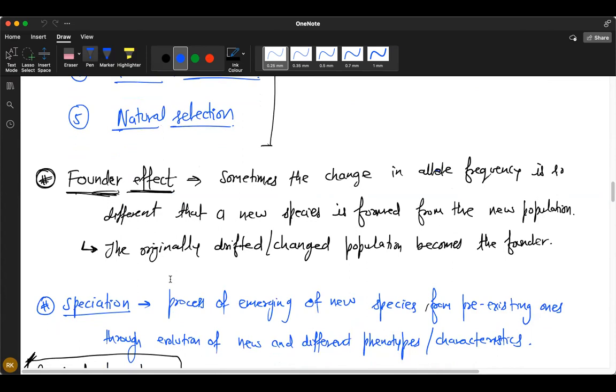For example, let's take tigers in a jungle, and there are deer. For deer, the selection pressure is that the ones which are able to protect themselves by running better, or camouflaging better, or eating faster and being very alert while eating, are selected by nature to form new offspring and go to the next generation.